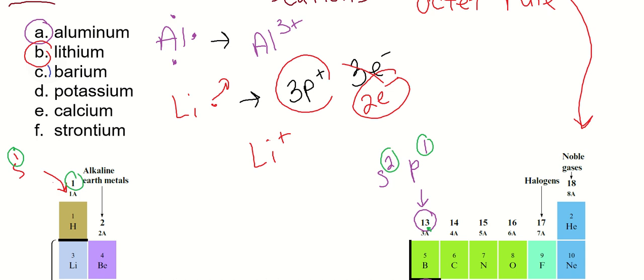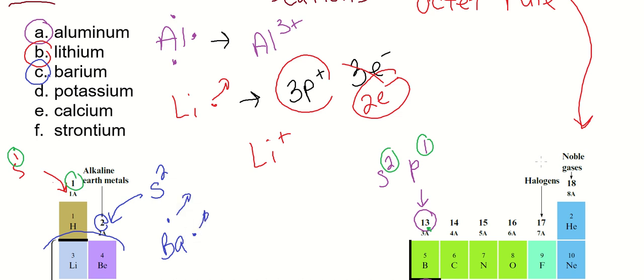Let's go on to barium. All of these alkaline earth metals in group 2, you already know have 2 valence electrons, and that's because they all have their final electron configuration ending in s2. That's why it's called the s block. So barium, as well as all the other alkaline earth metals, have 2 valence electrons they are going to lose.